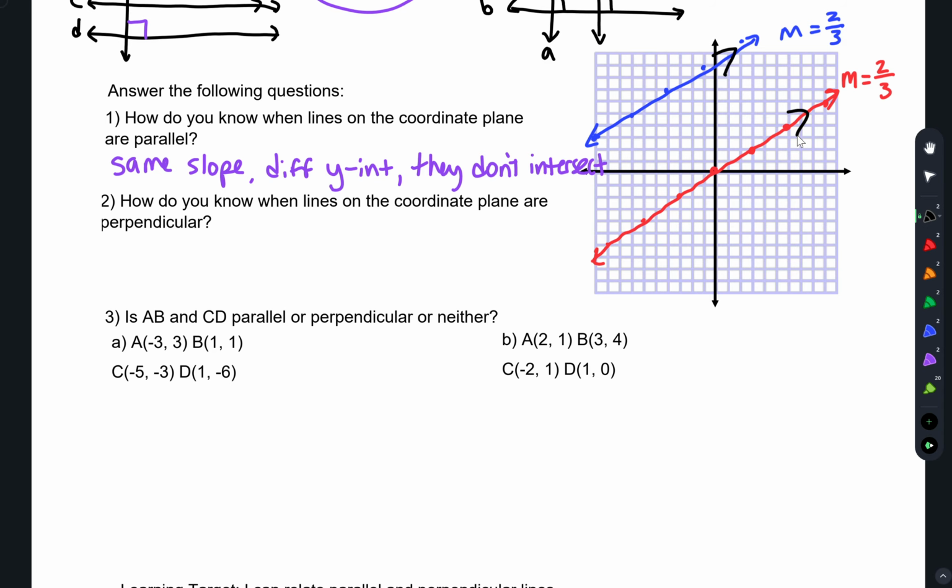Number 2 says, how do we know when lines on a coordinate plane are perpendicular? Yes. They have opposite reciprocal slopes, and they intersect at a right angle.